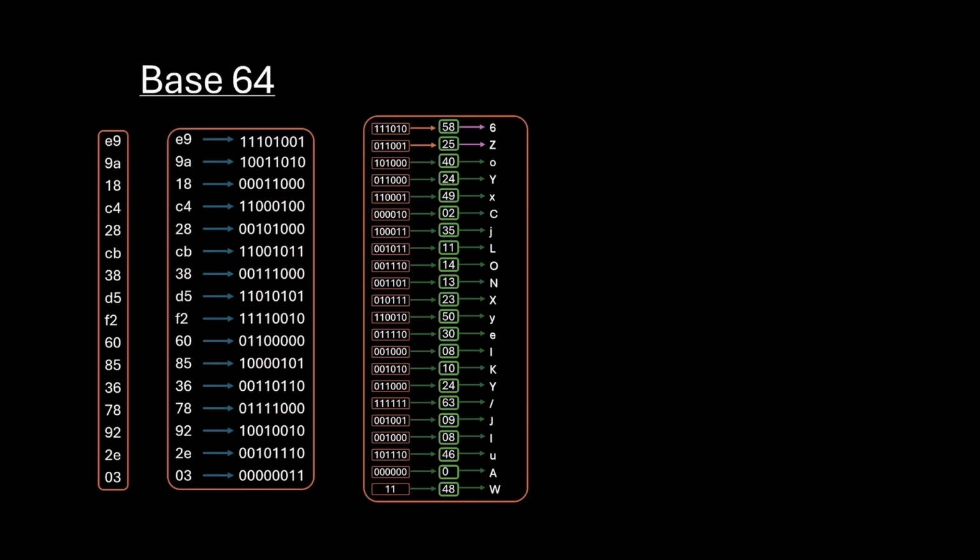Once the batching was done, we converted each batch of 6 bits to the equivalent decimal number, and once the decimal conversion was done, we mapped that decimal to a base 64 character, and that's how we received the MD5 as the equivalent base 64 string.